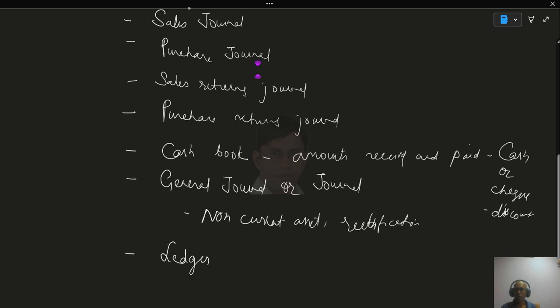And again we have learned the division or classification of ledger accounts.